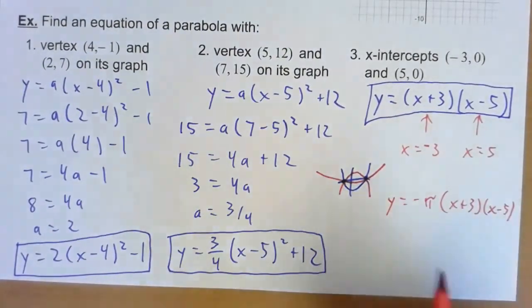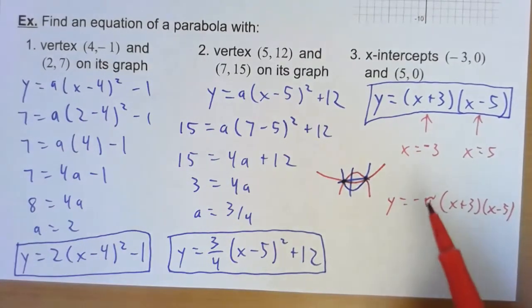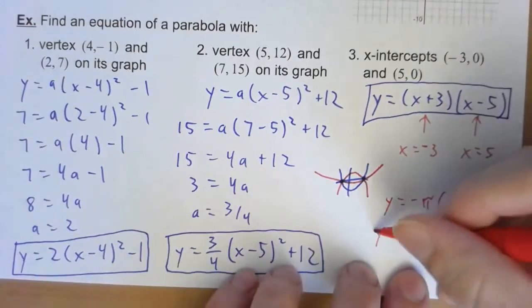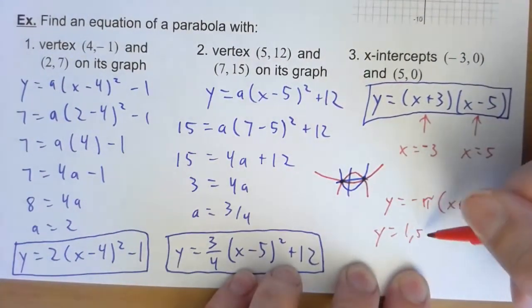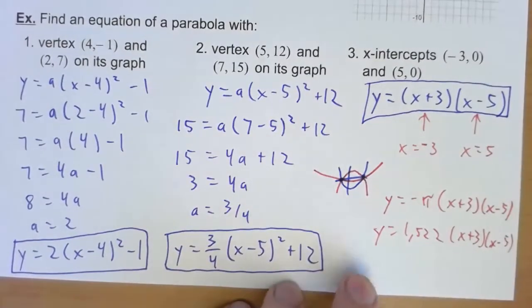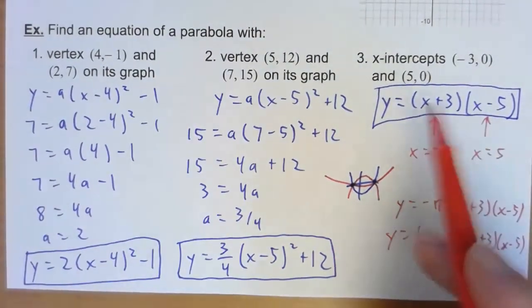So I'll probably have to say in the Canvas quiz that we want the leading coefficient to be 1, and then we wouldn't be able to put those kinds of things there. But otherwise, there would have been infinite answers. You could have said y equals 1,522 times x plus 3 times x minus 5. But most of us, of course, will just give that answer.